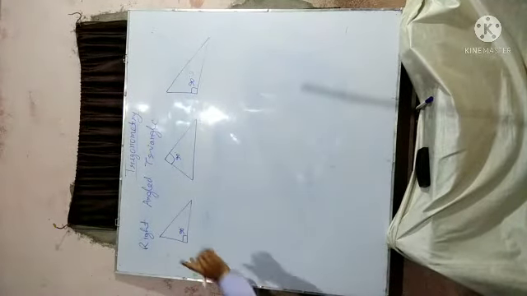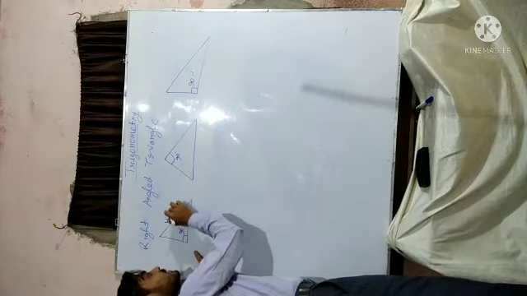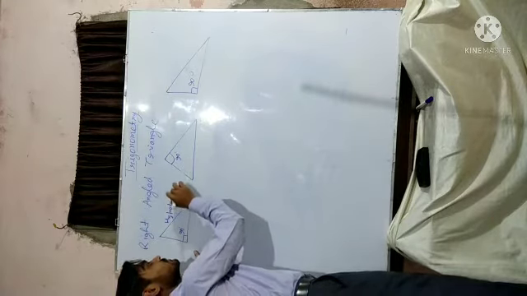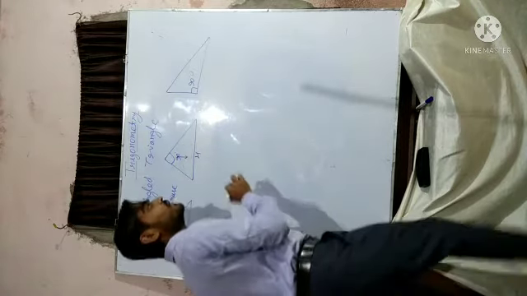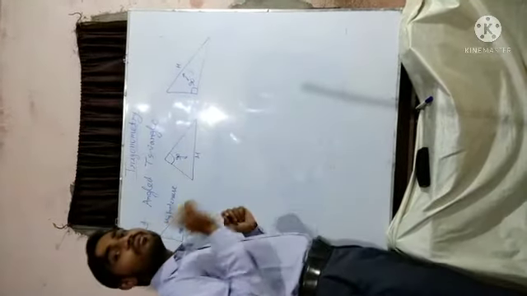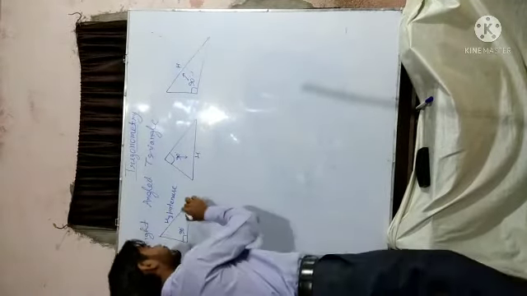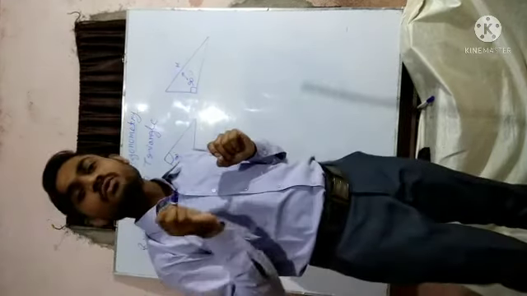And we know the side opposite to the right angle is known as the hypotenuse. So this is a hypotenuse opposite to 90 degrees, and this is also a hypotenuse opposite to 90 degrees. If we take the angle of reference theta, what is theta? Theta is a Greek letter which is used to represent an angle.